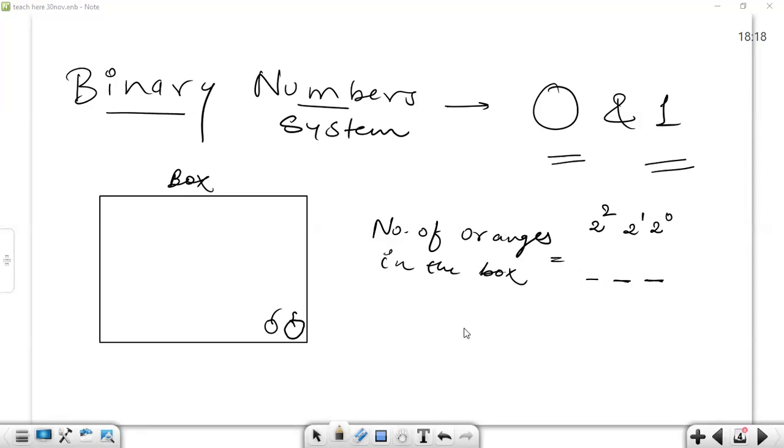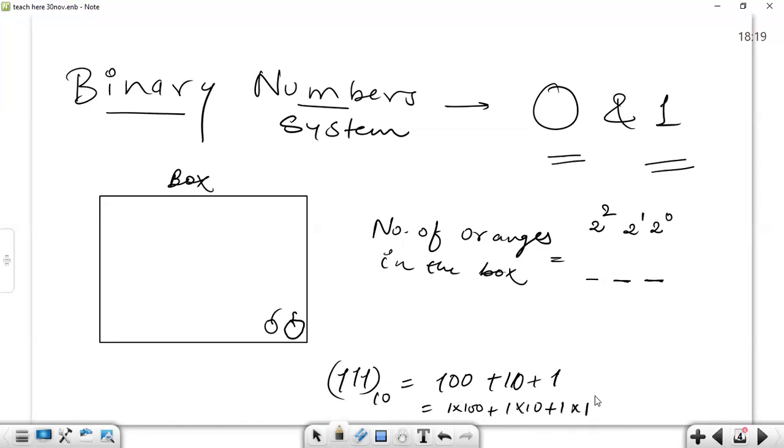Now earlier, to write 111 oranges in the decimal number system, we were writing 100 plus 10 plus 1. So we were writing one hundred, one ten and one one, right?